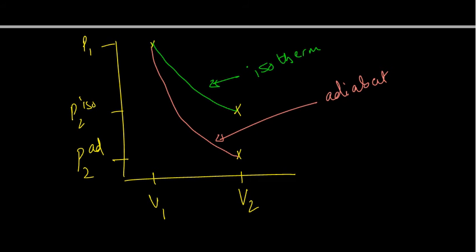The temperature of the irreversible expansion is higher than that of the reversible, so the pressure is larger than P2 adiabatic, and it's smaller than P2 isotherm. So it lies somewhere in between, over here, let's say.